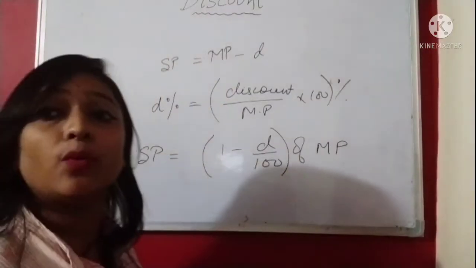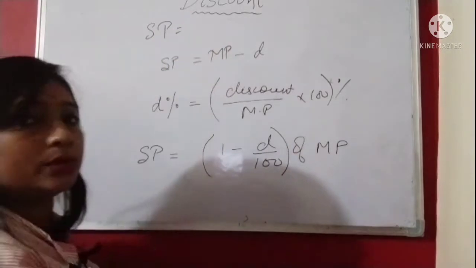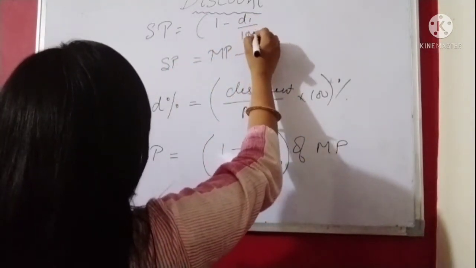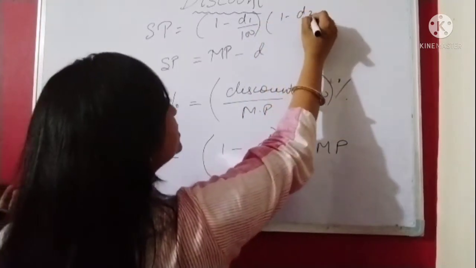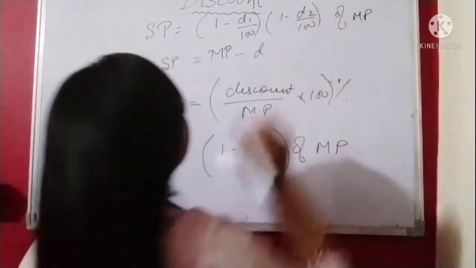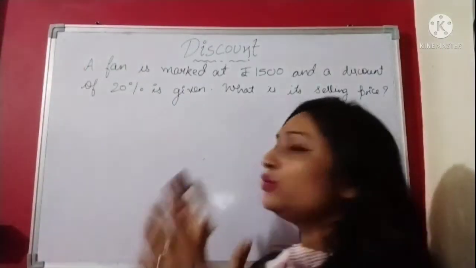Then we have to find out the selling price of that article after 2 or 3 successive discounts. Then we have the formula 1 minus D1 upon 100, 1 minus D2 upon 100, and so on, of MP, right? Now let us understand the application of these formulae through the questions.